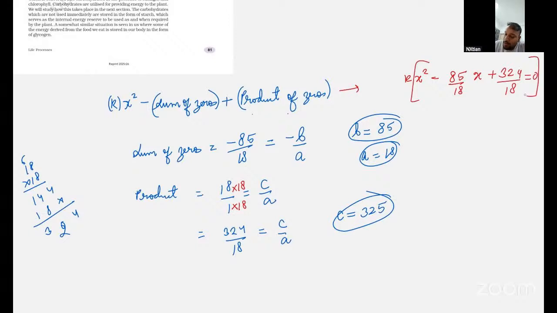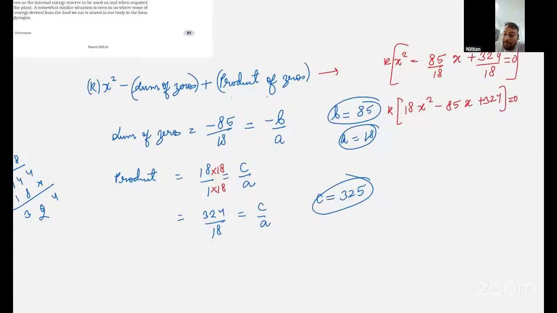Okay. So it's going to look like this: 18x square minus 85x plus 324 is equal to 0. Now k is multiplied, it will go to the other side and divide. K is a constant, but when it goes to that side, it becomes 0 upon k, and 0 upon k is 0.